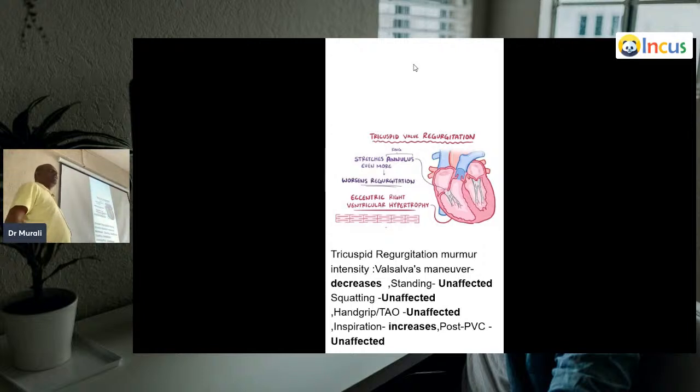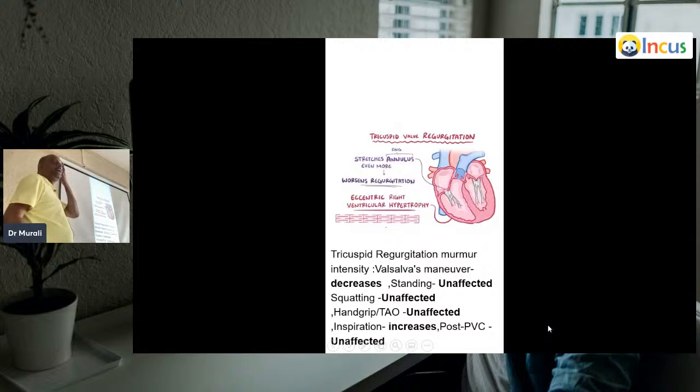Preload decreased. So when the preload decreased, into the right atrium, the amount of blood going to the right ventricle also decreased. So regurgitant blood also decreased. That is the reason Valsalva decreases the tricuspid regurgitation.